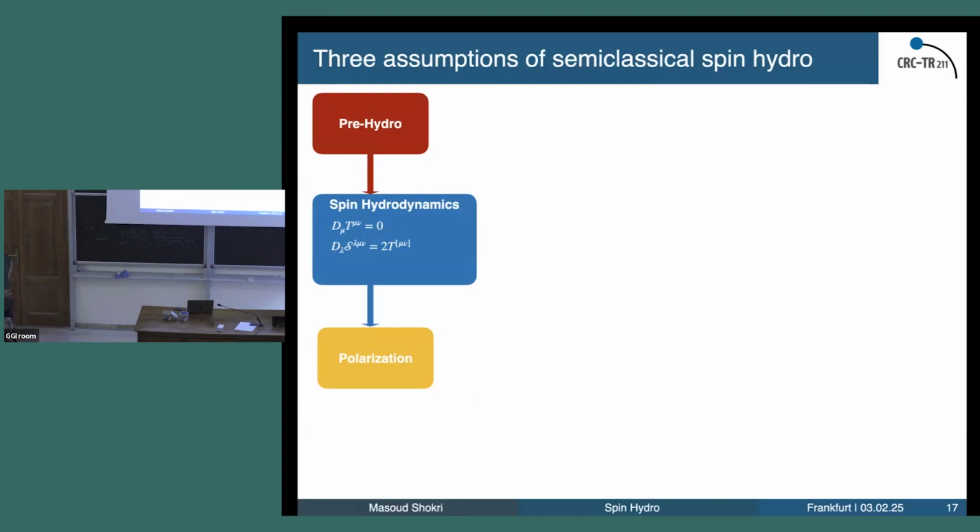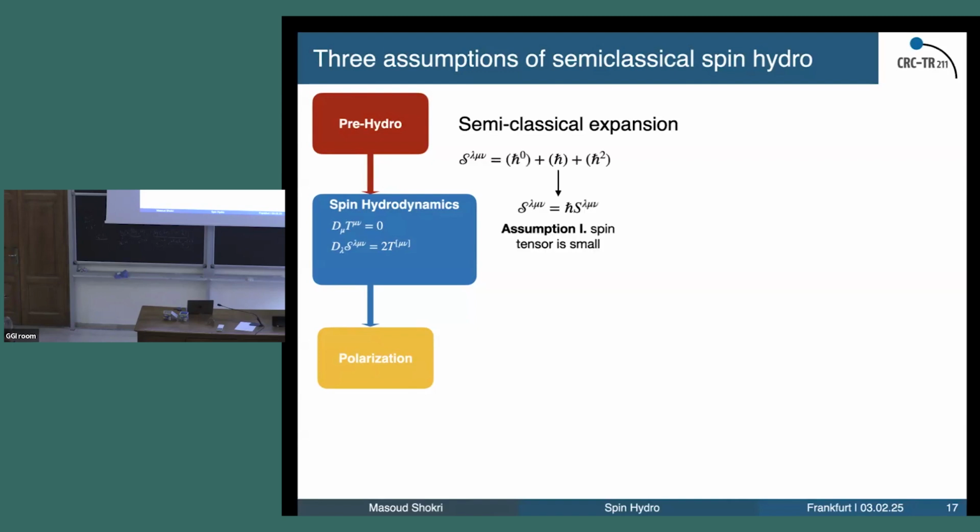So you start with some pre-hydro stage, you initiate at some very early time the spin hydrodynamics, which has some extra equations, and then at the end of the day, you should be able to calculate the polarization. But this is actually very complicated because you have a lot of equations to solve, and none of these conservation equations are actually closed. So you will need extra equations. This number of equations is not very nice to give to people.